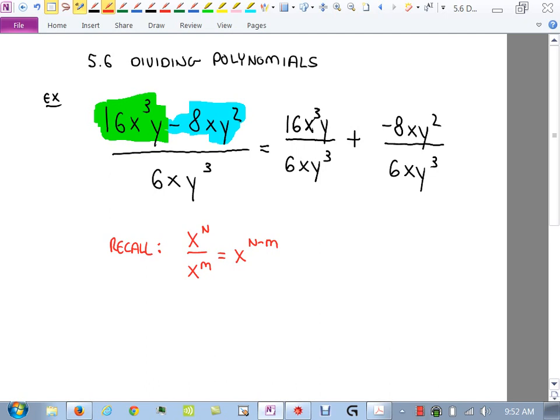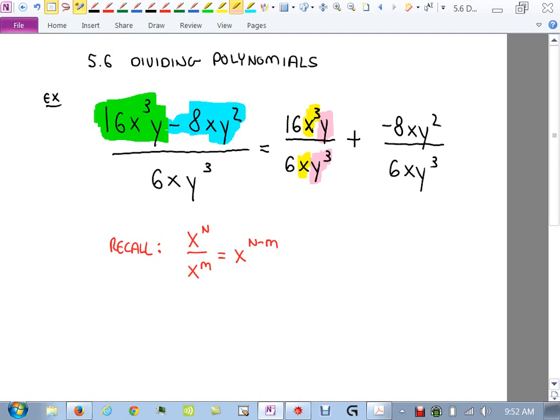Notice that in each one of these fractions that I have now, I have some of that happening. Do you see it in there? On those x's, I've got an x cubed over an x, right? What about the y's? I have y to what power there? The top is y to the first, isn't it?